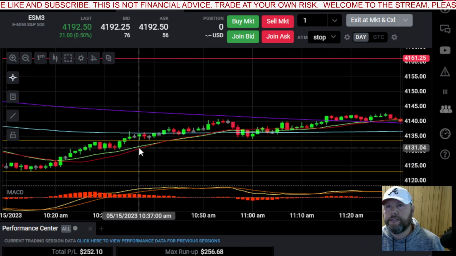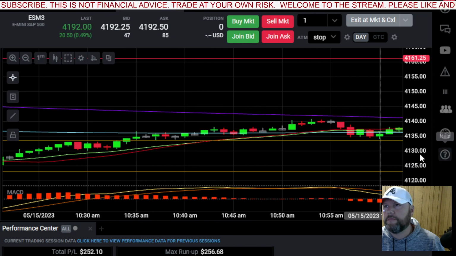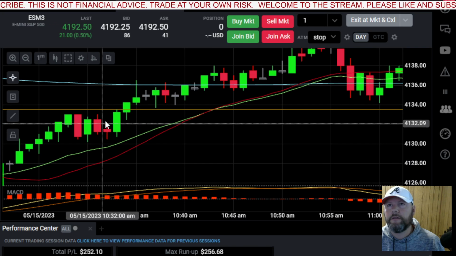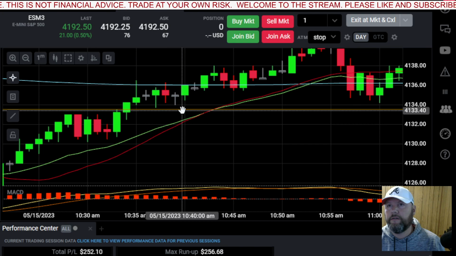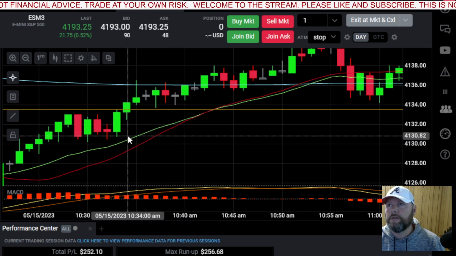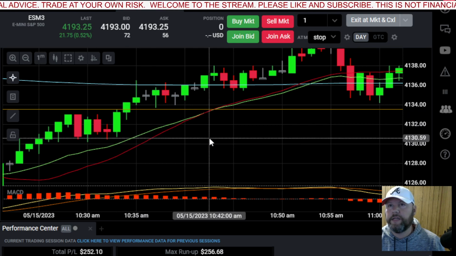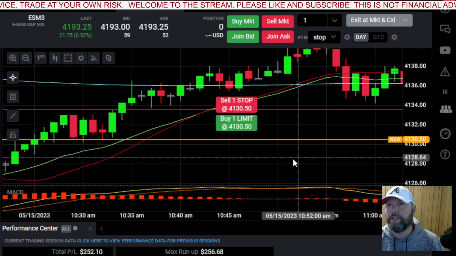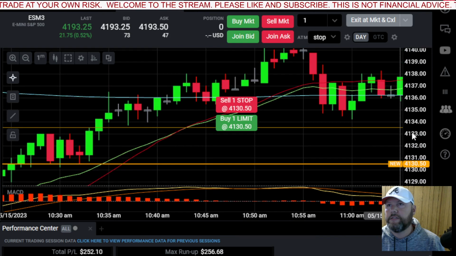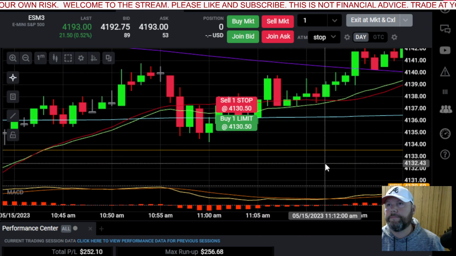So anyways, as you can see, this candle closes above it. Gotta make this a little larger. This candle closes above our orange line, so we get long here at 34. Stop down here at 30. So stop down in this area. I'm just going to leave that on the chart just so you can see it. And as you can see, we move up.